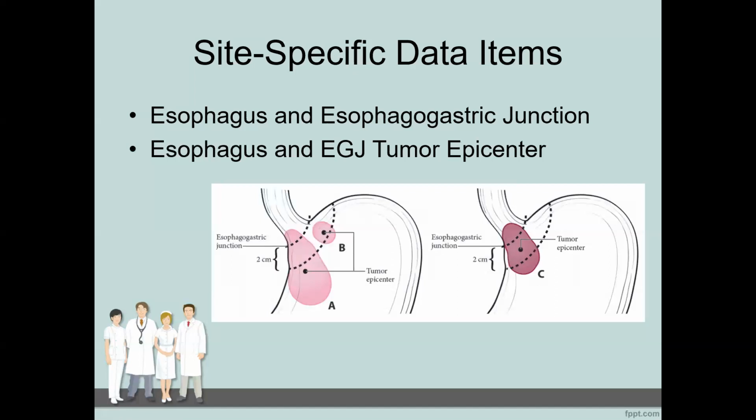Tumors involving the EGJ with their epicenter less than 2 centimeters into the proximal stomach are staged as esophageal cancers. The second site-specific data item is the location of the tumor. Is the tumor in the upper, middle, or lower esophagus, which the lower esophagus does include the EGJ.